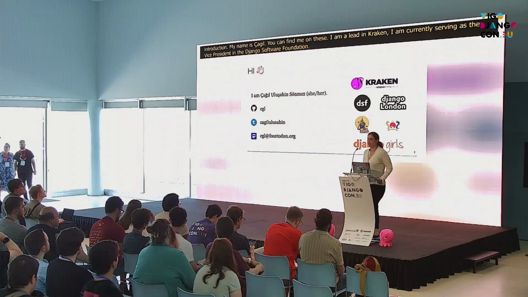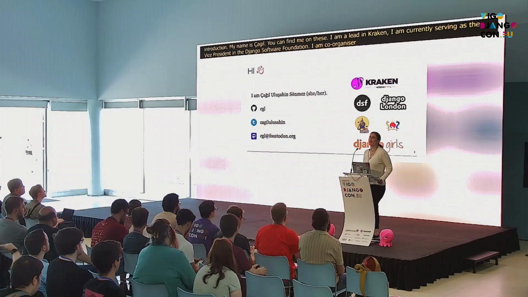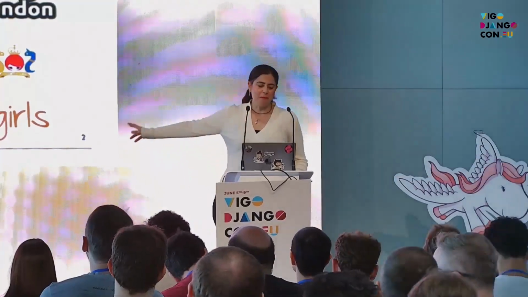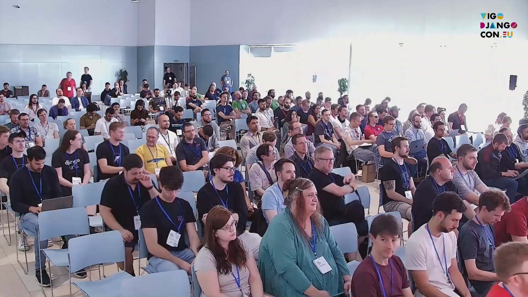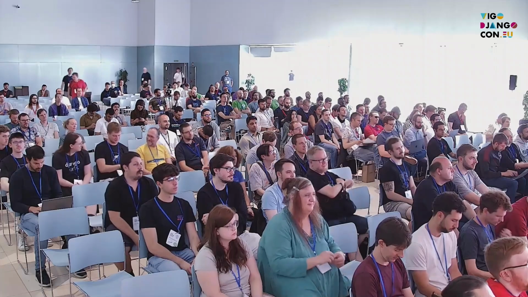I'm a co-organizer of London Django Meetup and PyCon Turkey. I'm a proud member of PSF and PyLadies. And I also help organize over 10 Django Girls workshops since 2015. So if you want to talk about any of those after the talk, please come and find me.